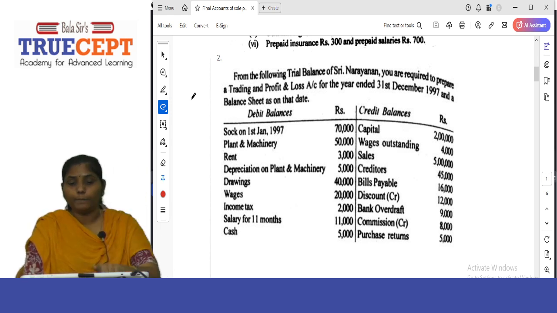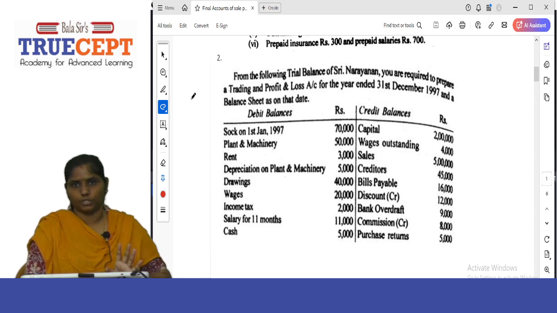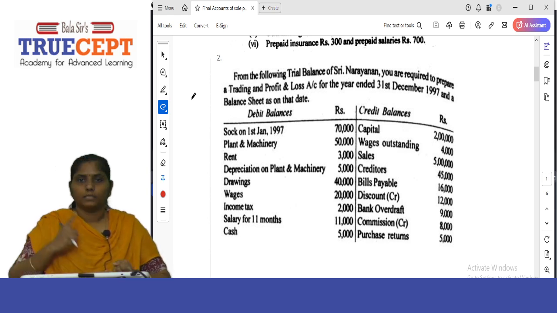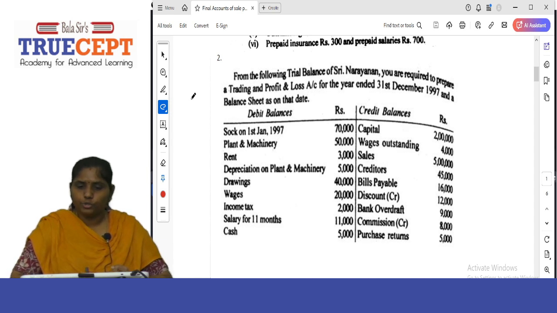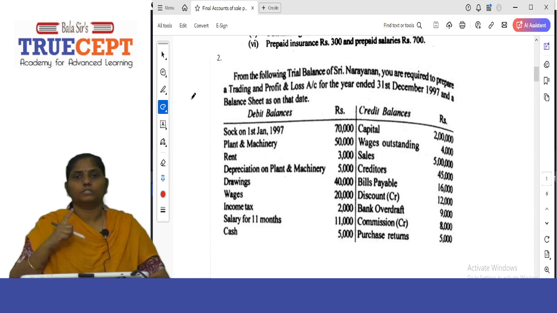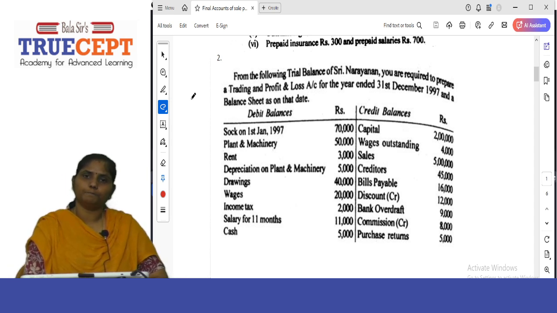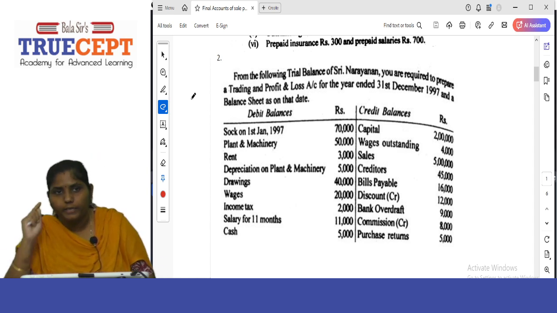In a proprietorship entity, income tax paid and life insurance premium paid on the life of the proprietor is not a business expenditure. It is a personal expenditure. Therefore, what do you do with the personal expenditure? Subtract it from the capital, treat it as drawings.